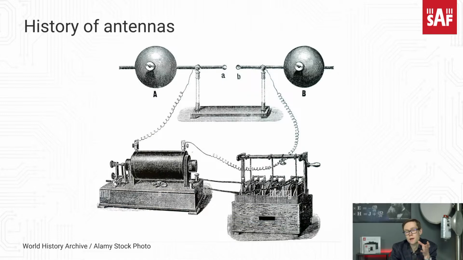And the standing waves, as we learned the previous time, generated electromagnetic waves which had been received by the loop antenna at the receiving side. The frequency of these waves was around 50 megahertz.